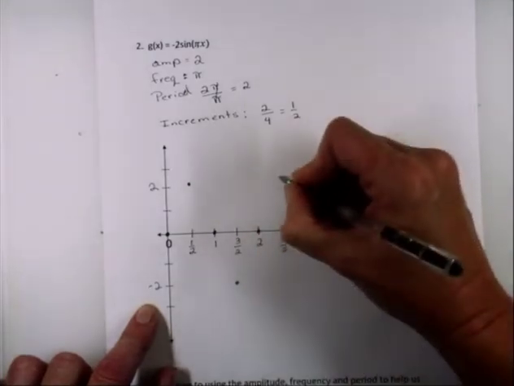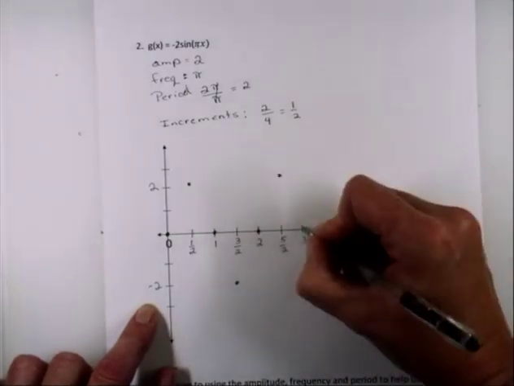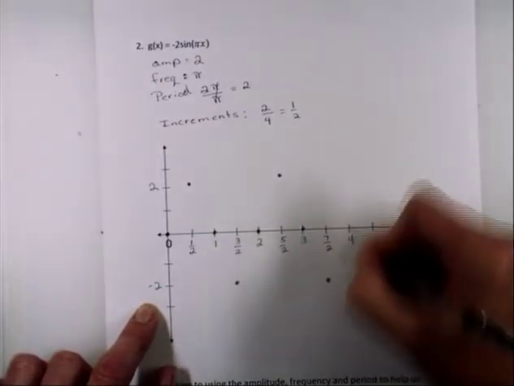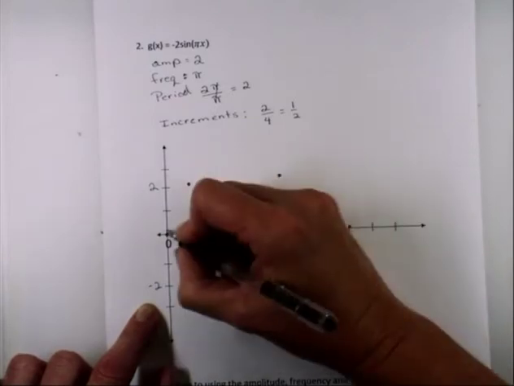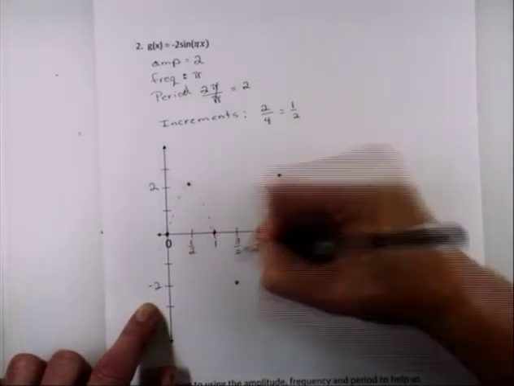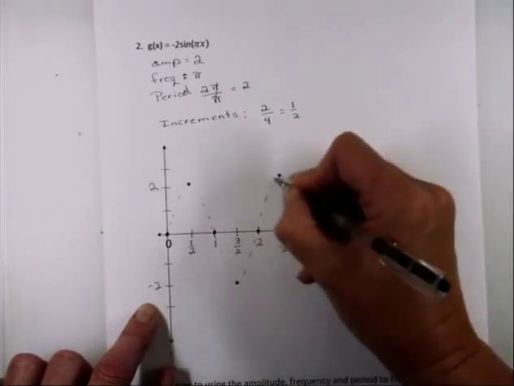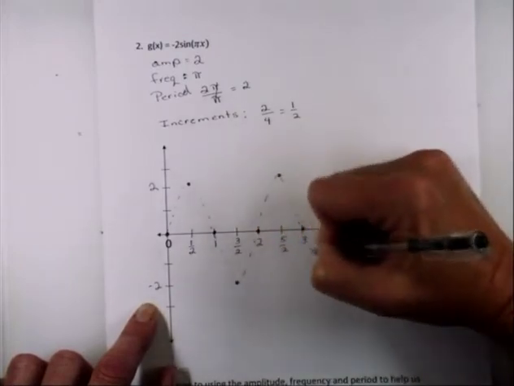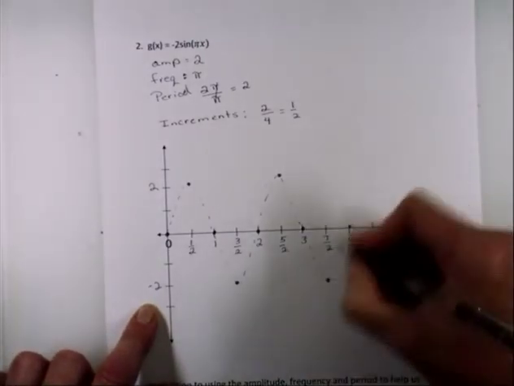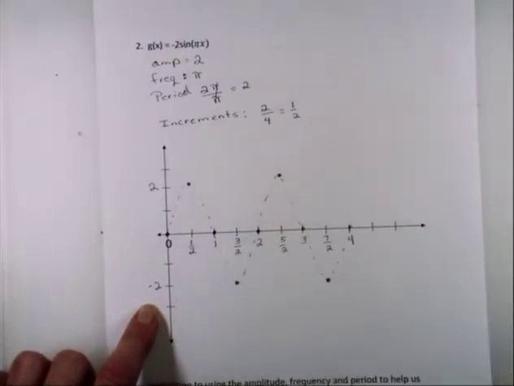Back down to the intercept, go down to your minimum to -2, intercept, up to 2, intercept, -2, and back. Now I'm going to lightly sketch this. And I can see that I have 2 complete cycles.